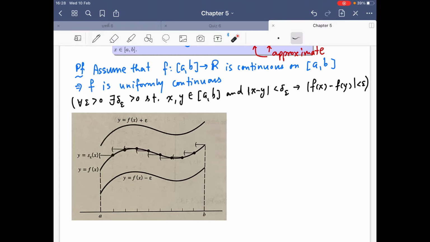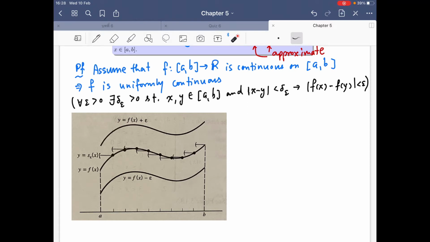We are going to subdivide your closed interval AB into several pieces, and on each piece we are going to approximate this function by a piecewise step function like this. The error between this step function and the given function is within this plus and minus epsilon.